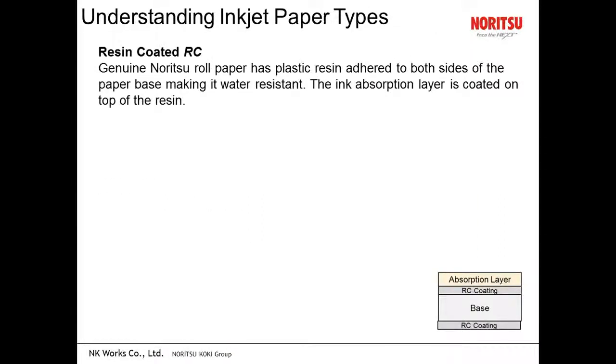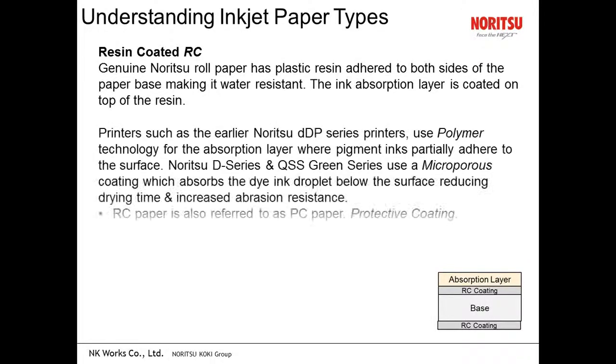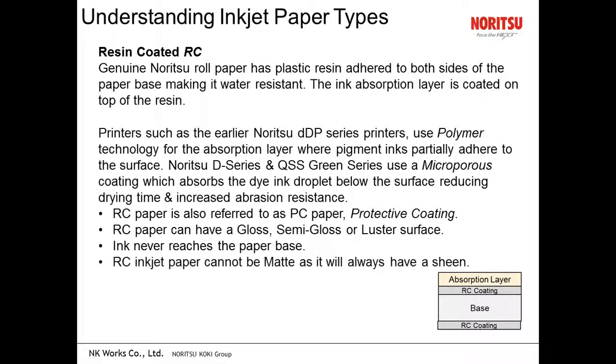So I'm going to expand on that a little bit further. Noritsu roll paper has a plastic resin, an RC coating on both sides of the paper base itself. That makes the paper water resistant. The ink absorption layer is then coated on top of the paper, creating the emulsion or the absorption coat, depending on how you wish to call it.